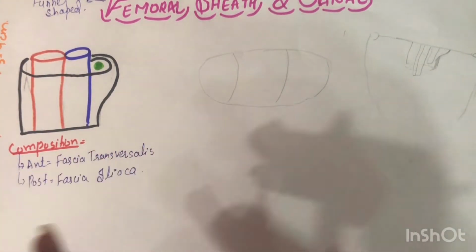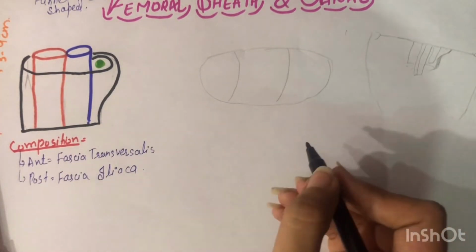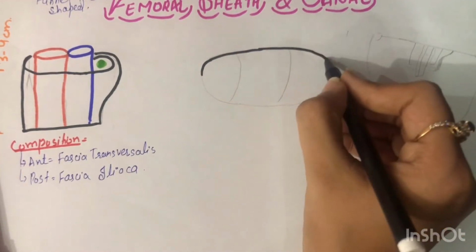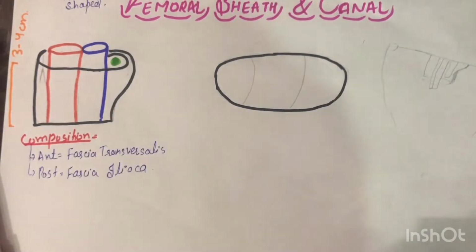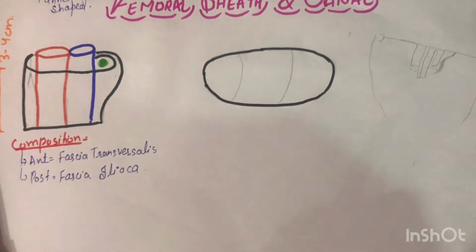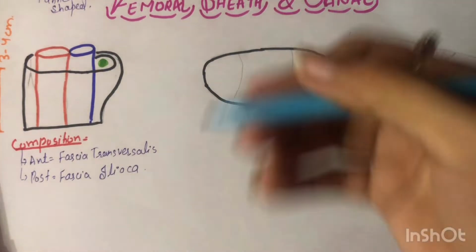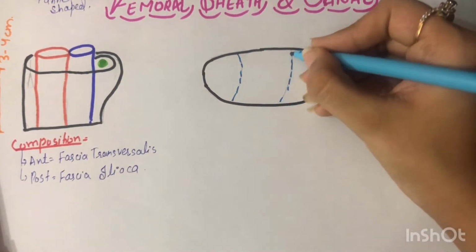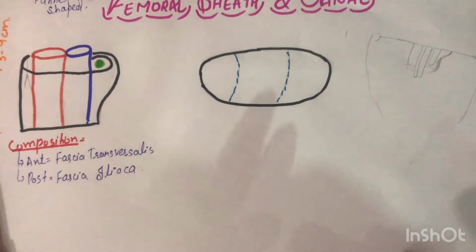Now its contents. Here I'm going to draw another diagram in which I will show the septa too. There are three compartments of the femoral sheath. So here I am drawing. These are the septa dividing this femoral sheath into three compartments.